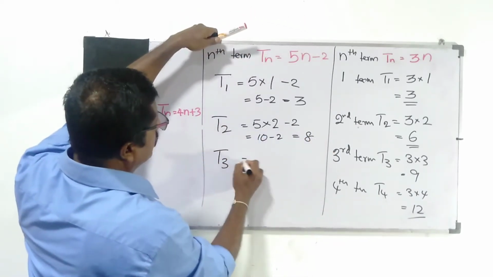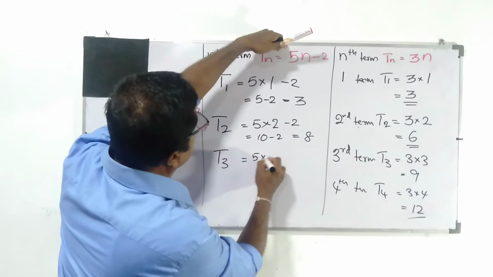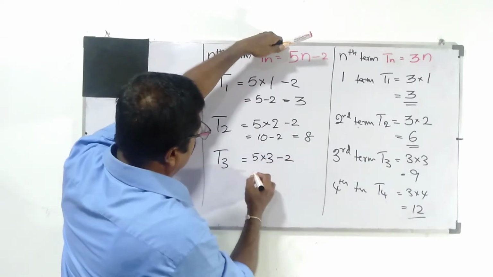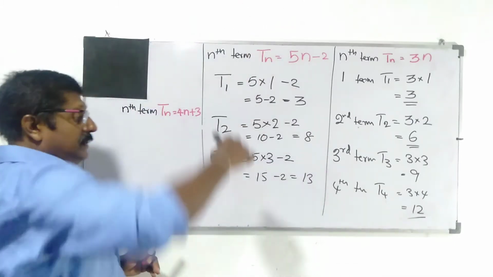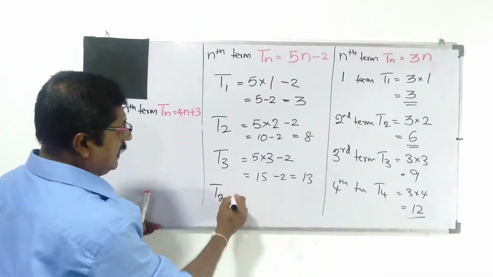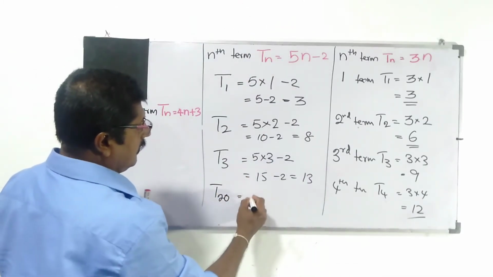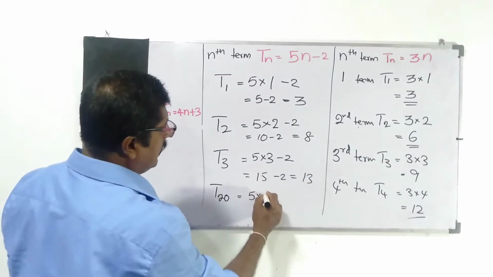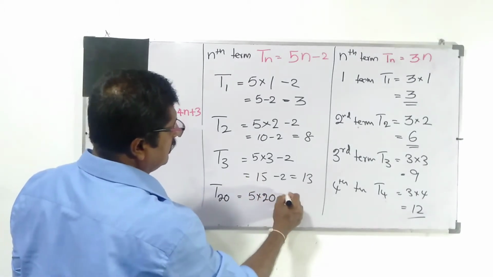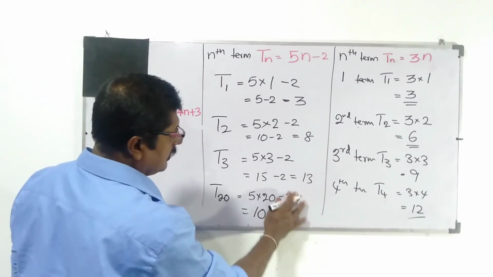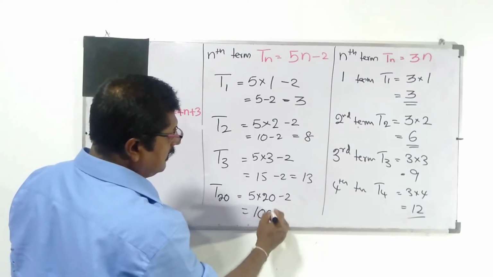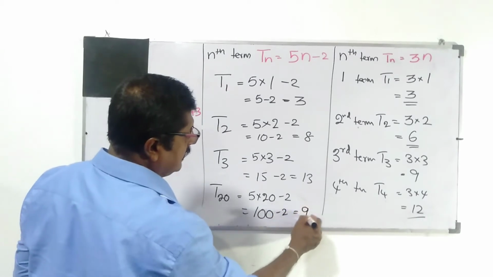T3 equals 5 multiplied by 3 minus 2. 15 minus 2 equals 13. If we want to find the 20th, T20, 5 multiplied by 20 minus 2. 5 multiplied by 20 is 100. 100 minus 2, that is 98.